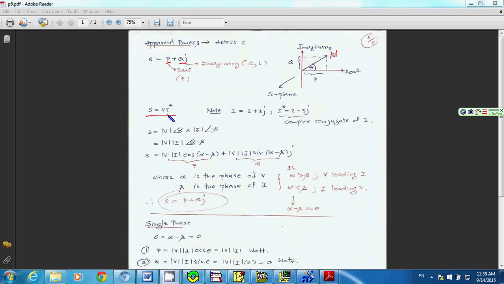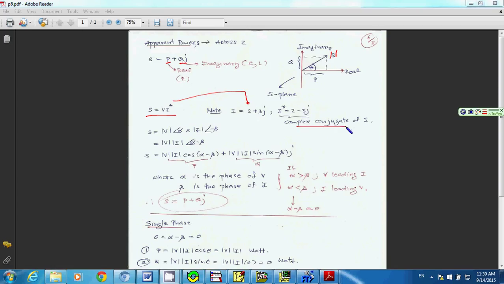Also, S is equal to V multiplied by I complex conjugate. What does this mean? Complex conjugate means if I equals 2 plus 3j, your complex conjugate simply changes the sign of the imaginary part to the opposite, so I change this to negative 3.